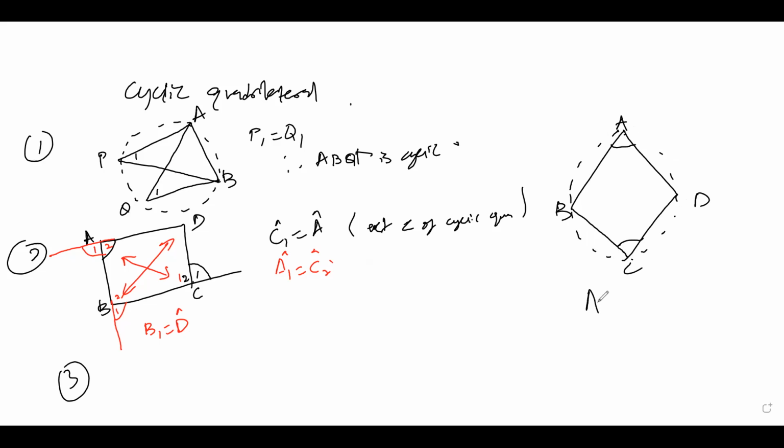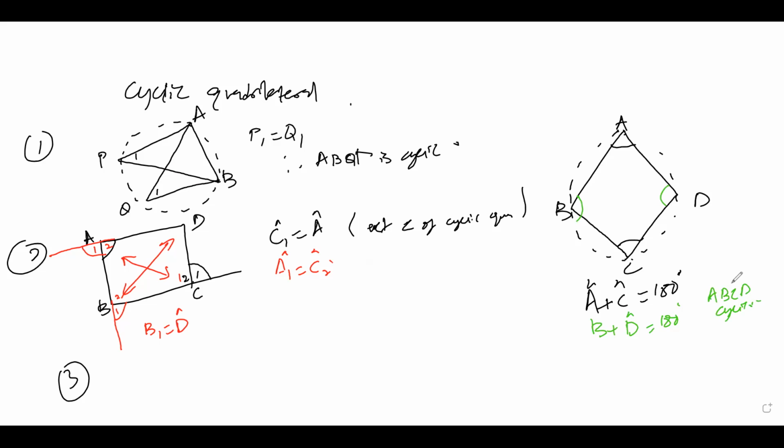If A plus C is 180 degrees, then this will be a cyclic quad. Or if you find that B plus D is 180 degrees, therefore ABCD will be a cyclic quad.